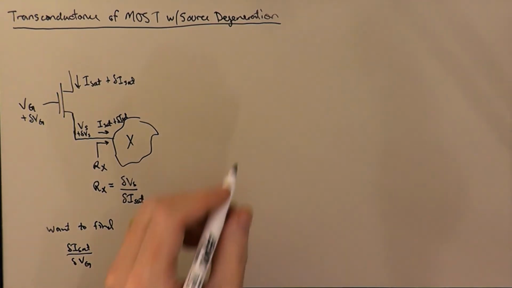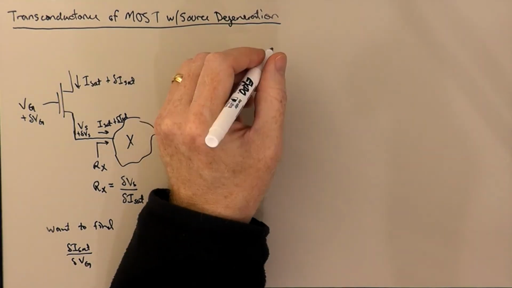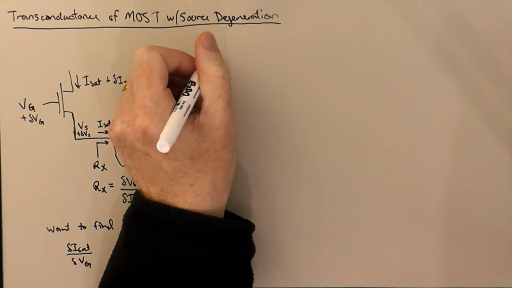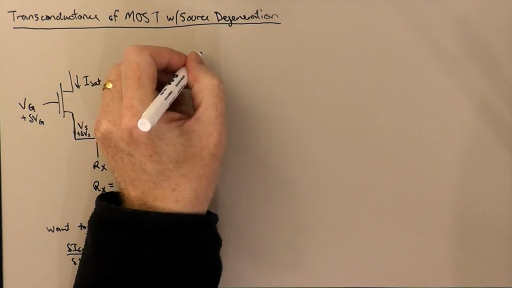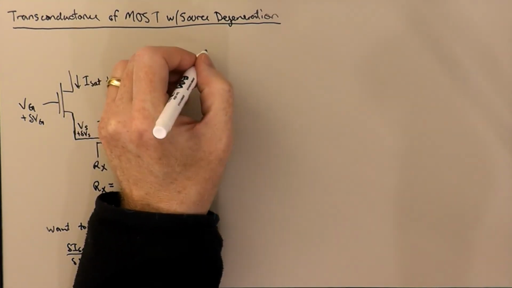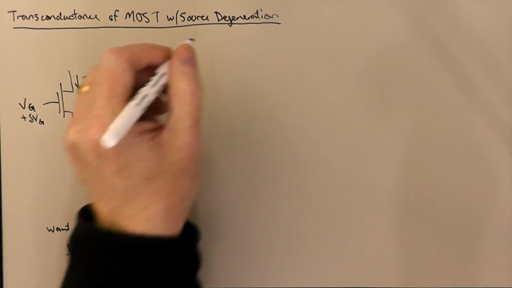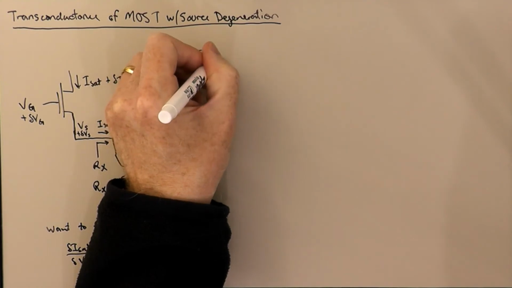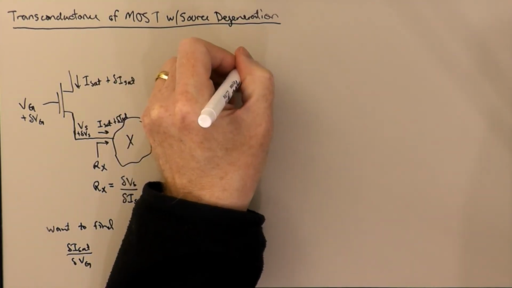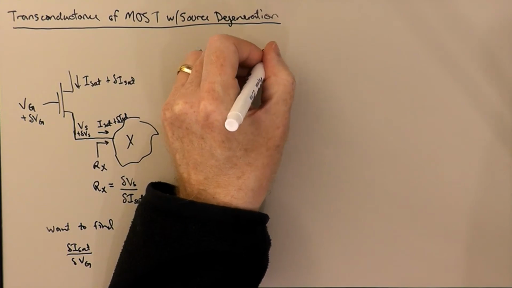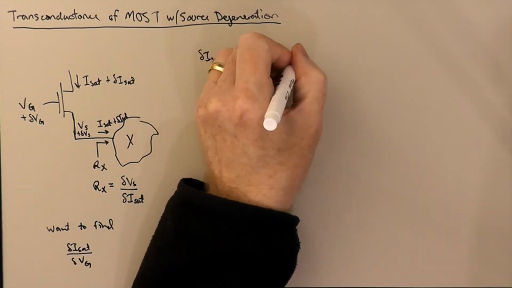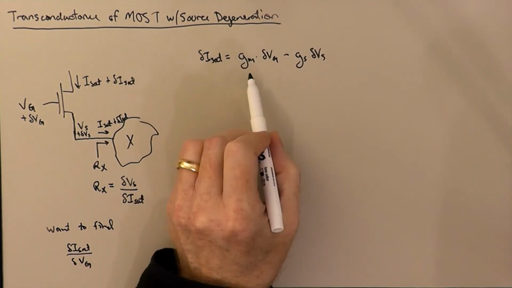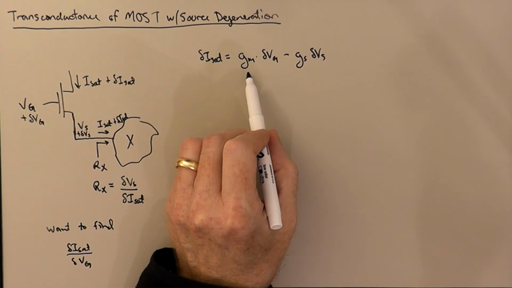Okay, so to do that, we're going to need a couple of things. One is the way that incrementally the saturation current behaves as a function of the delta Vg and the delta Vs. So the delta I sat is going to be given by little gm times delta Vg minus little gs times delta Vs. So you remember gm was di sat dVg, right?